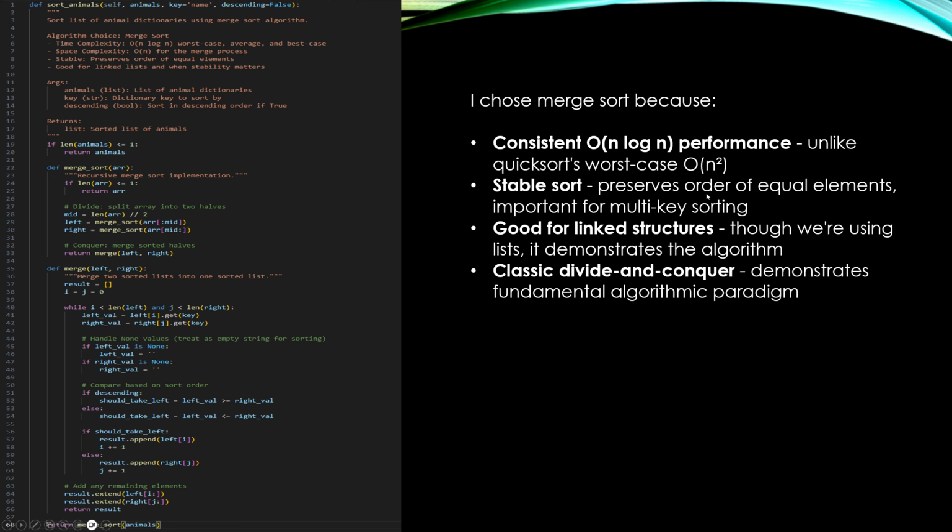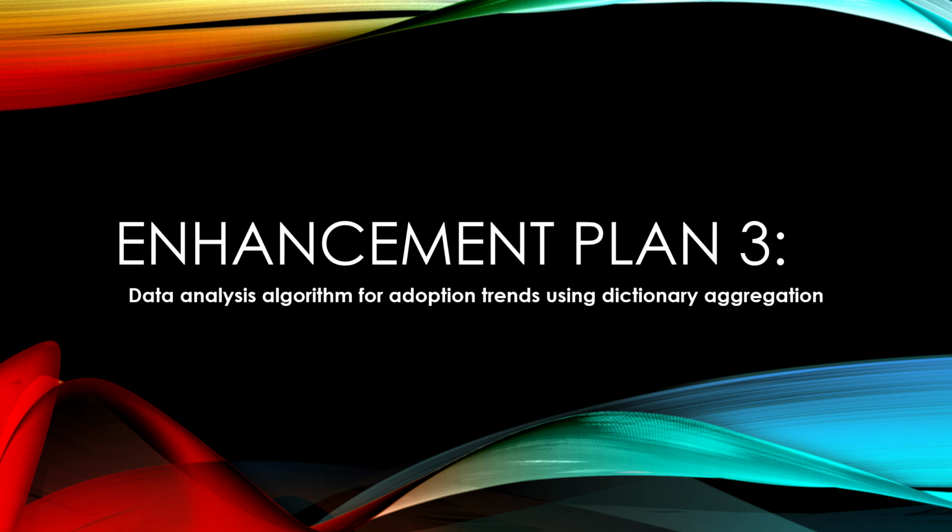Second, it's a stable sort, so it preserves the order of equal elements, important for multi-key sorting. Third, it's good for linked structures, though we're using lists, it demonstrates the algorithm. And lastly, it's classic divide and conquer, so it demonstrates a fundamental algorithmic paradigm.